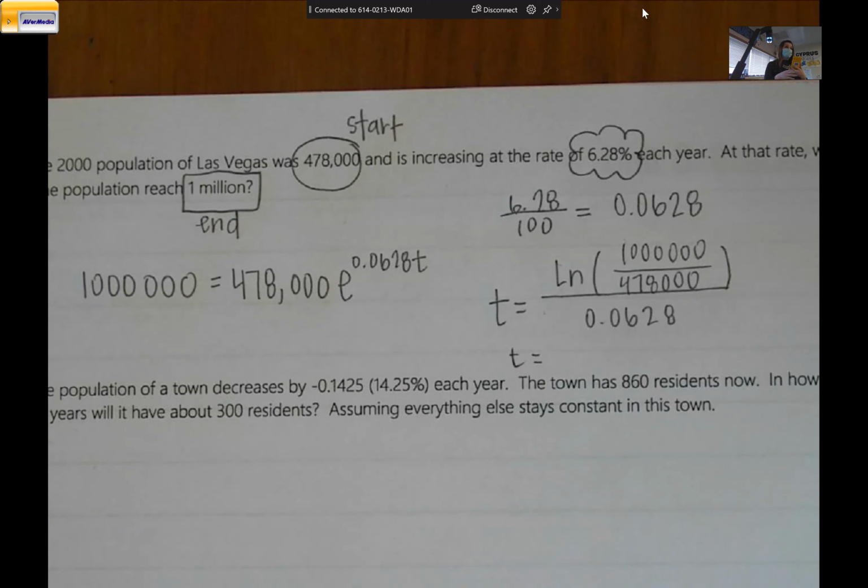Hit your backspace first. Type in ln, parenthesis, hit your backspace again. 1 million over 478, arrow down, 0.0628.